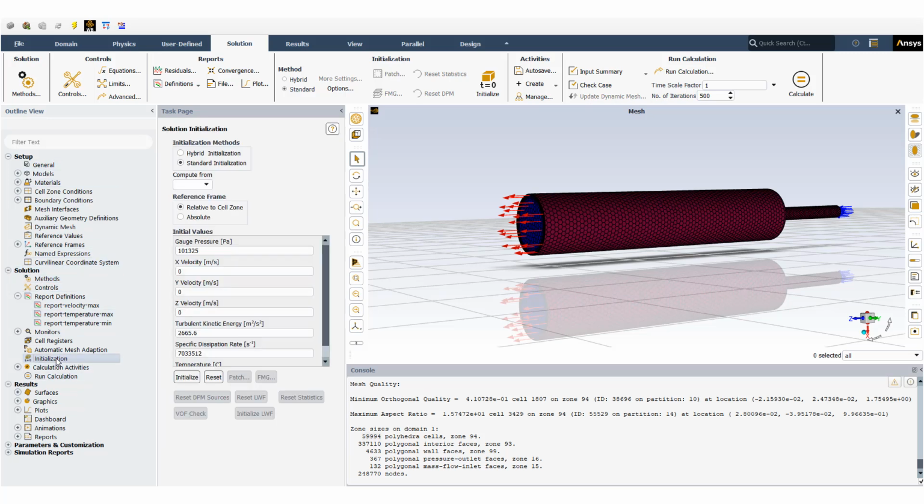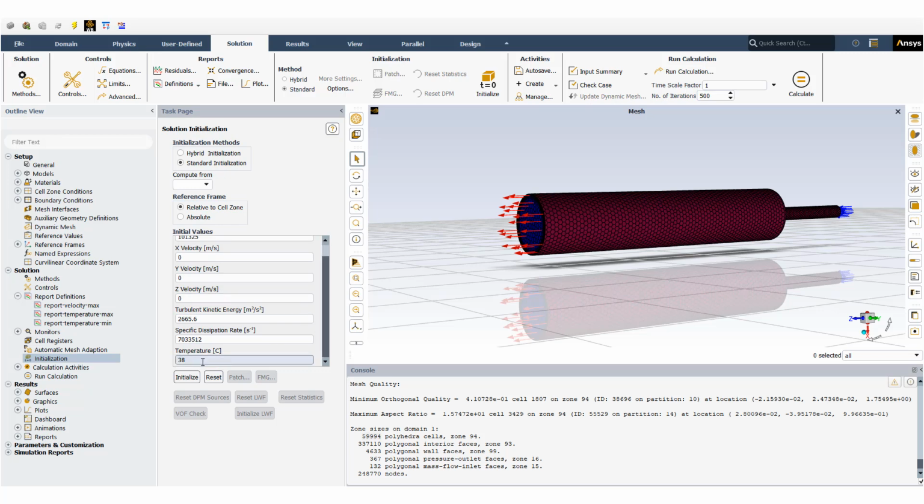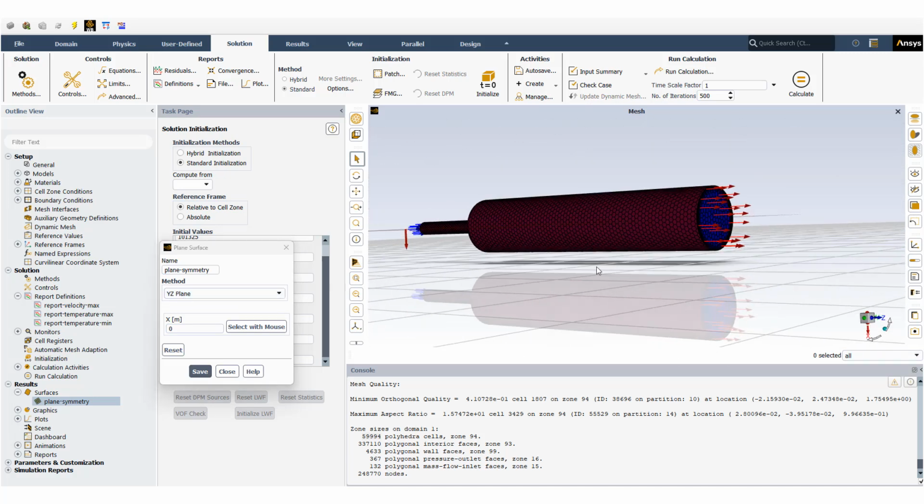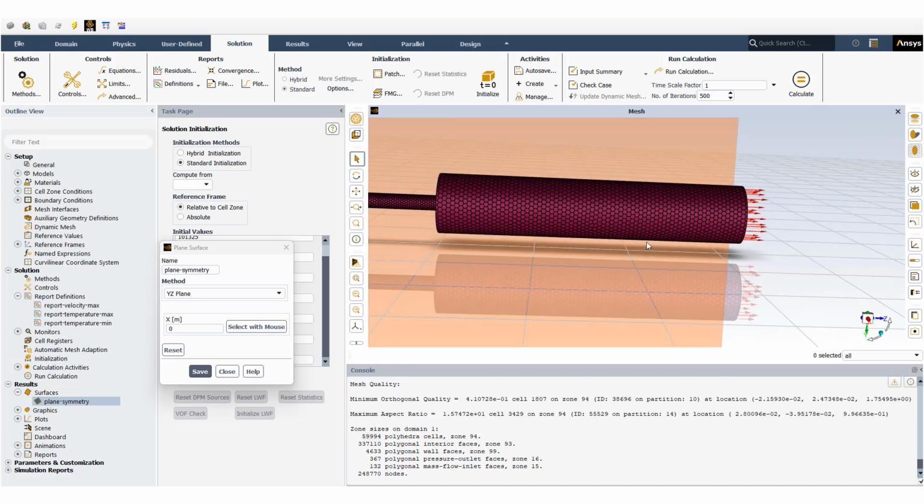Let's initialize the model. As you can see, I consider gauge pressure, zero velocity everywhere, 38 degree. It is almost around 80 degree for total temperature. Initialize that, and before going for running the simulation, I also define a plane symmetry. It is YZ plane. As you can see here, I can put it in this way.